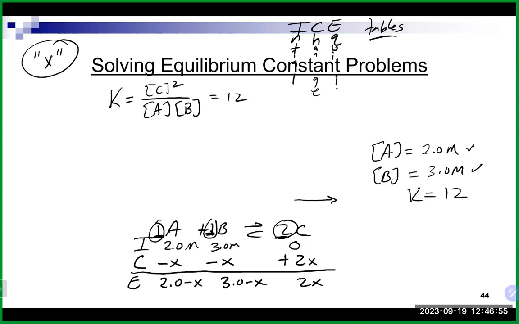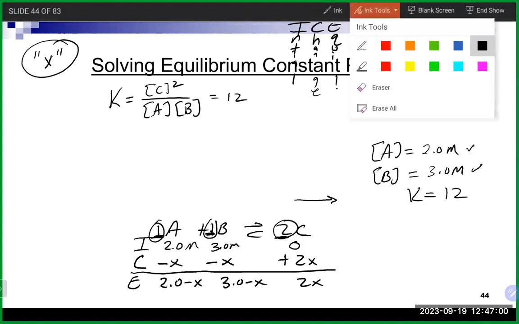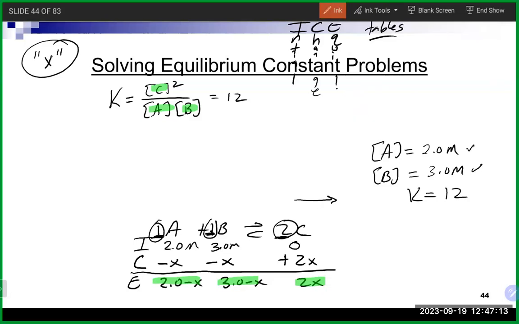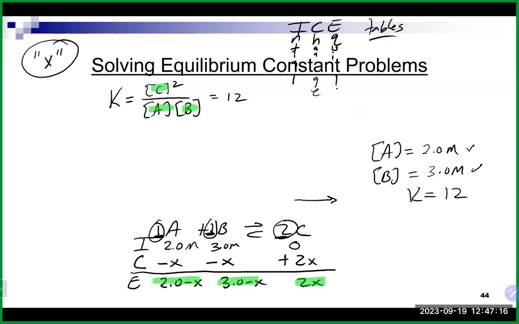So at this point, we would take everybody from our equilibrium line and put it into our equilibrium expression, and we would solve for x. So we would take our 2x, which would be squared, divided by our 2.0 minus x times our 3.0 minus x, and that would equal 12.